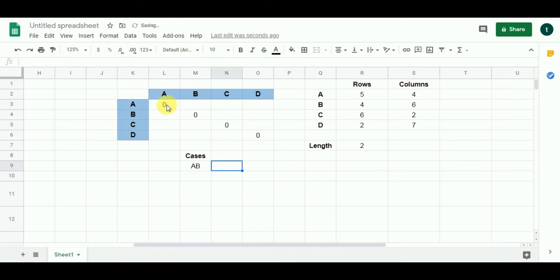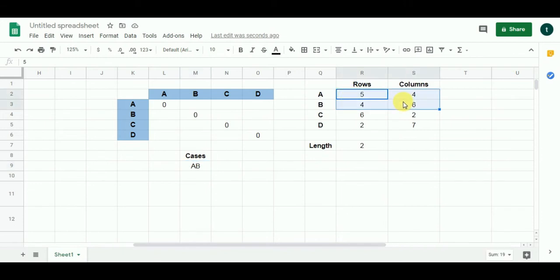Now I already have the cost of A and B, and the multiplication of A and B is going to be taken from here.